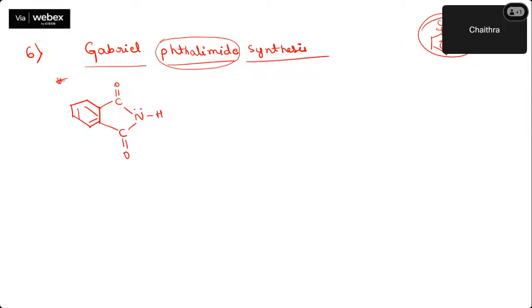Since it's a named reaction, it's very important that you remember the original reactant, because once you start with this only, you can conclude what the product will be. So the starting material is phthalimide. Phthalimide means carbon and nitrogen are attached, so that's why we end with imide.